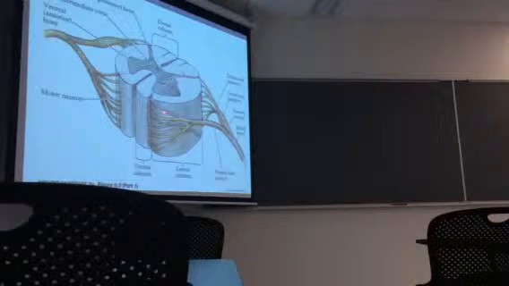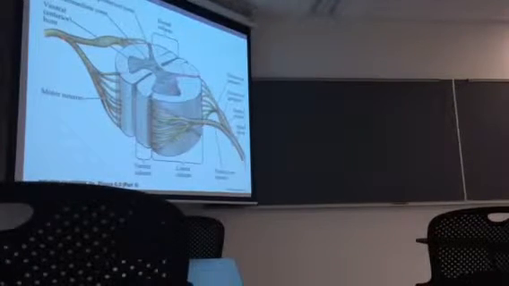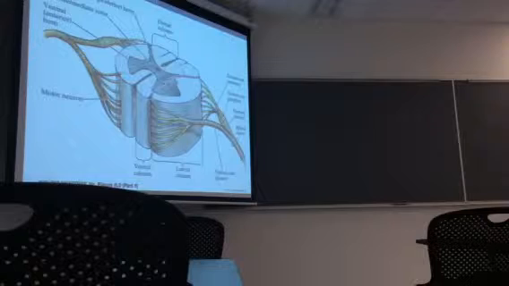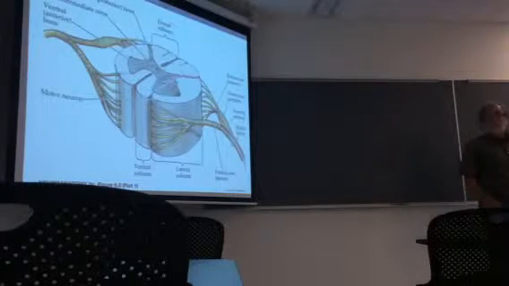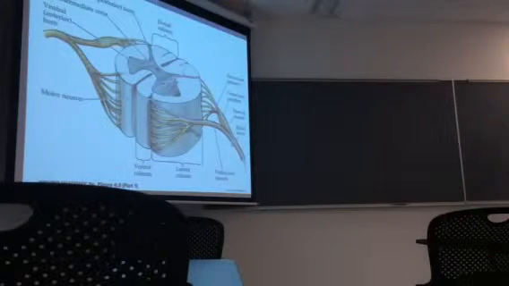So here's your cord. And here we have the nerve roots coming out, or going in. The dorsal root, the ventral root.